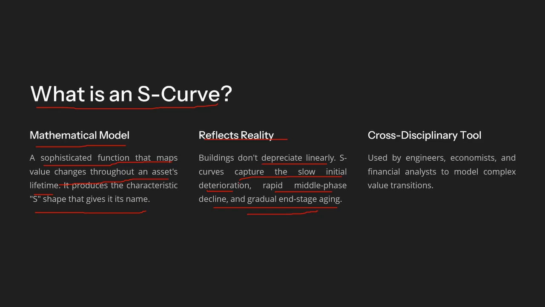So this is the basic reality which is not reflected by any of the traditional methods we have been using. It is only the S curve which gives the reality of depreciation.